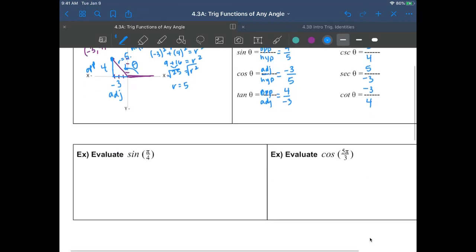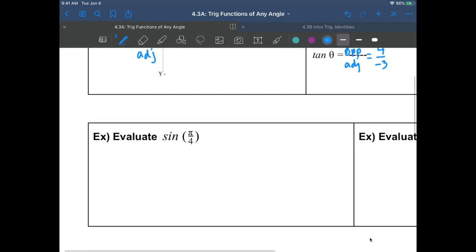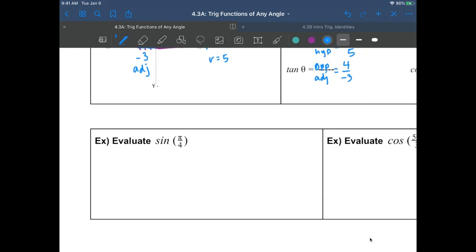We're going to go ahead and evaluate sine of 45. So I use sine of pi over 4, which is the same thing as sine of 45. So let's sketch in our triangle. Okay, terminal side. Theta is equal to pi over 4. My radius is 1.